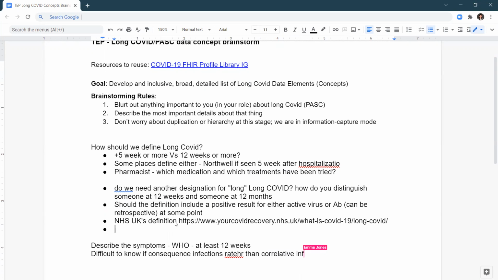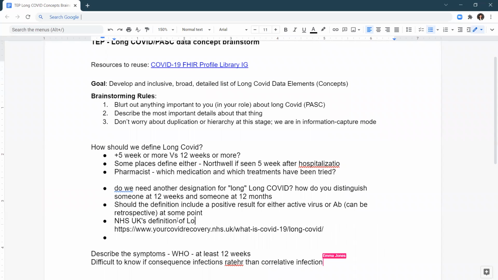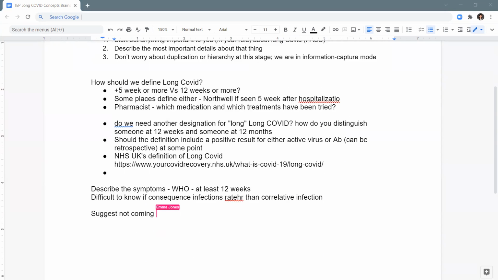I very much agree with Ian. This is Jenna. Just wanted to jump in. I think that we should not, as a group, focus on coming up with our own way to define long COVID. I think we should figure out what are the data elements that we need to be able to capture information to help people. So if they were going to do a study and comb their EHR, they would need to have data elements for each of the symptoms, and then they would need to have a time data element.